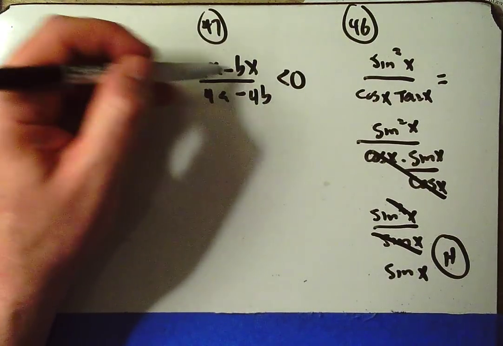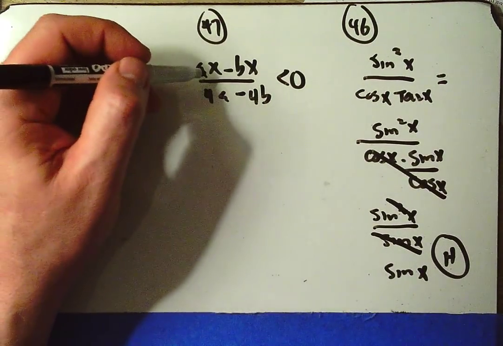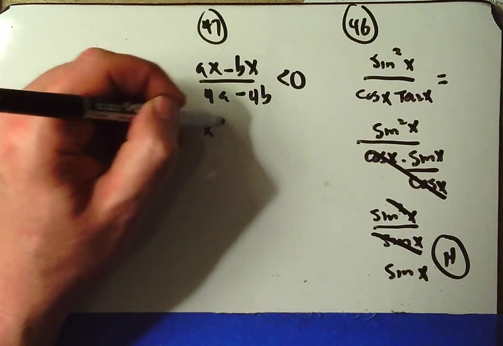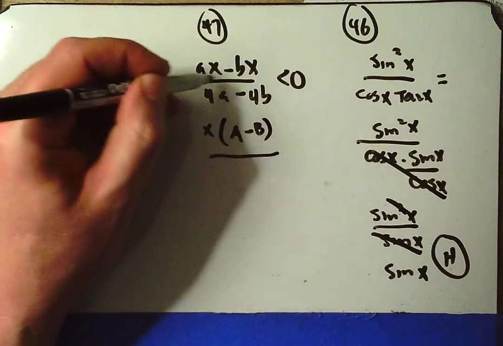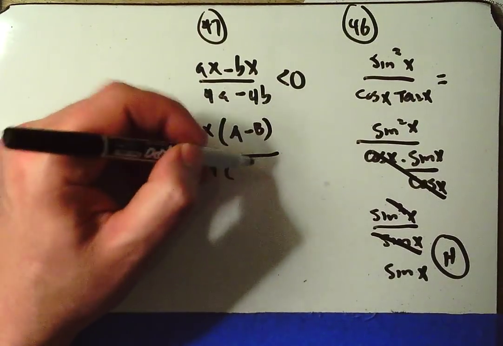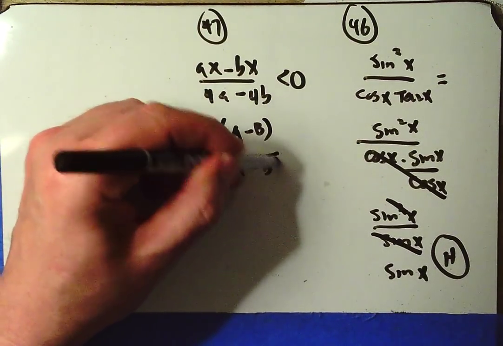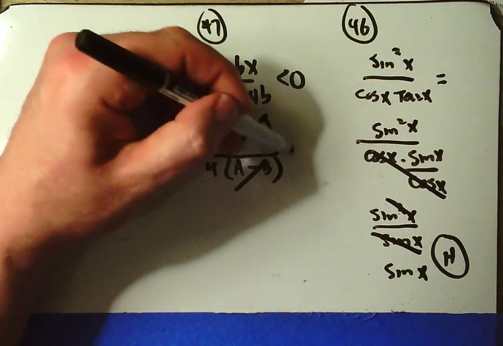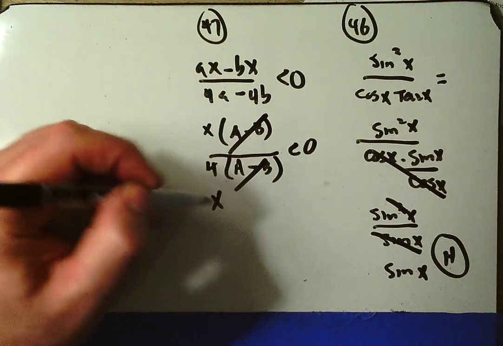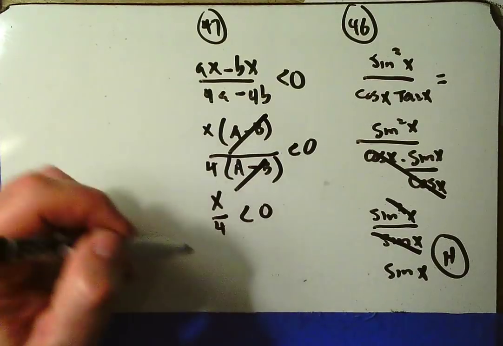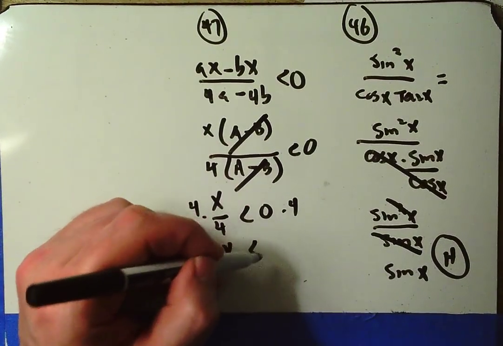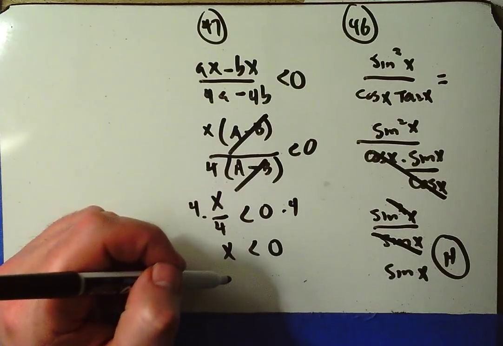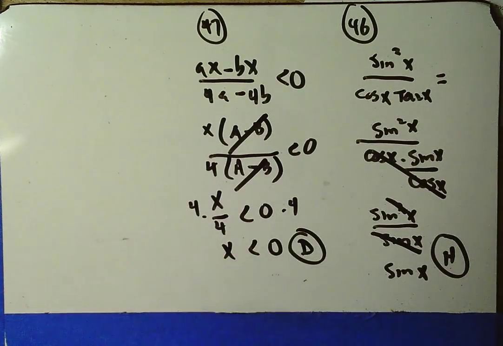Well, I notice that I can factor an x out of the top, leaving me a minus b, and I can factor out a 4 from the bottom, leaving me a minus b, and these will cancel, and so I get x over 4 is less than 0. If I multiply both sides by 4, I get x is less than 0, and that's choice D. Choice D is my answer here.